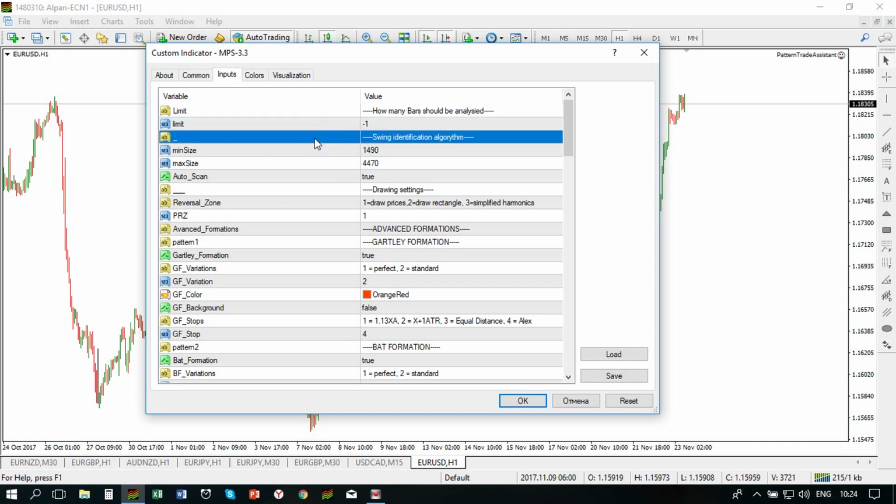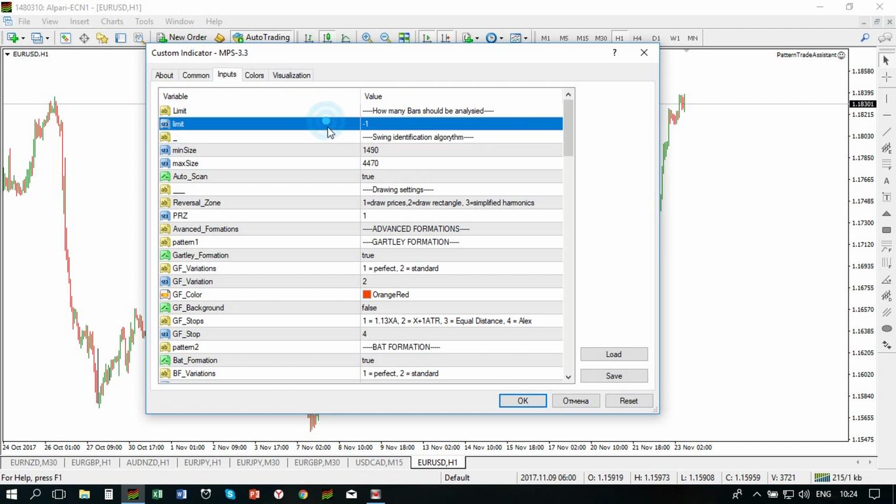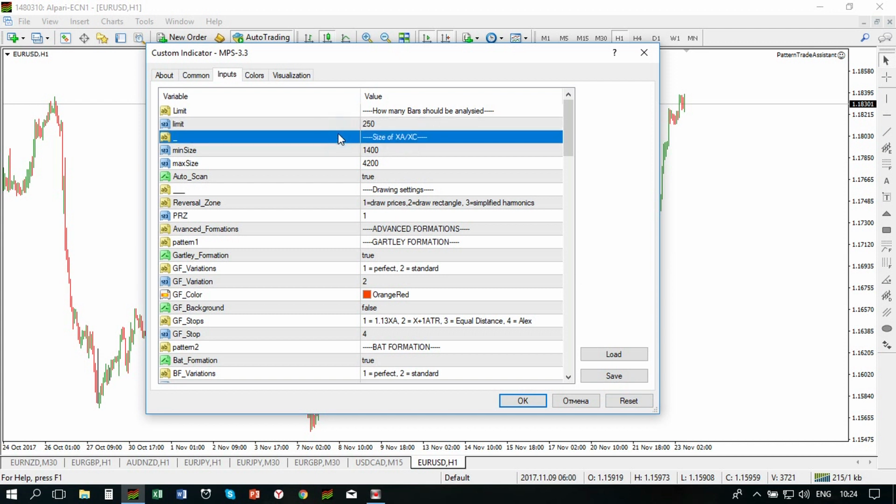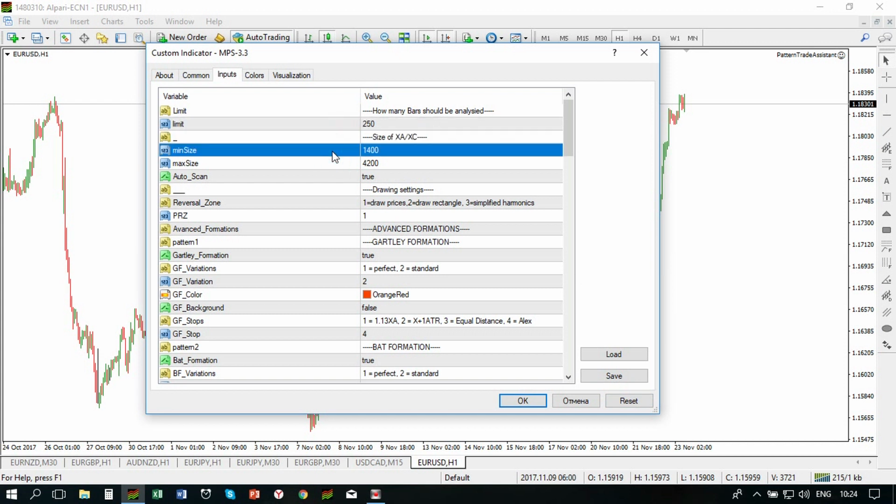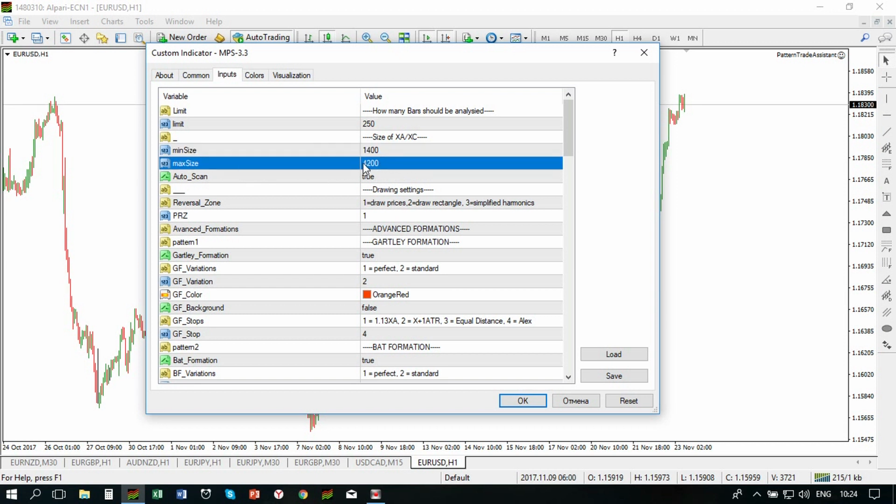Okay. Then the swing identification algorithm. It's not actually true. It's not the swing identification algorithm. It is the size of XA. I just named it this way. The size of XA. It looks this way. Size of XA, XC. So what this means? This means the minimum amount of pips of your XA leg, and this means the maximum amount of pips of your XA leg.